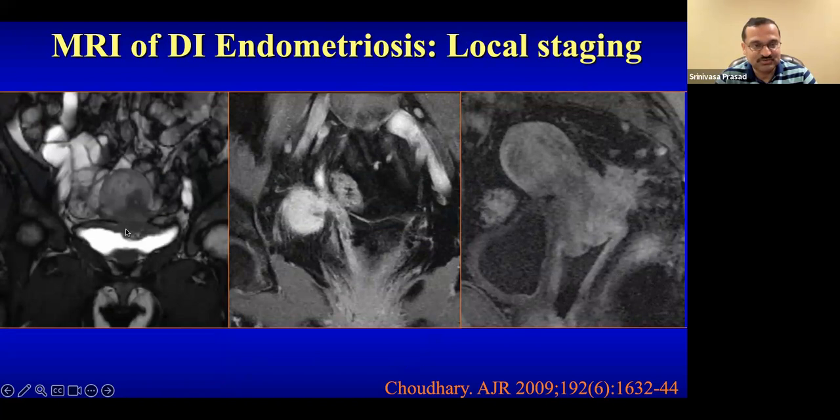So this is a patient with associated involvement of the urinary bladder, and this was a diffusely enhancing mass in relation to the right ureter, the ureteral deep infiltrative endometriosis, and here is another case that extended into the rectum.